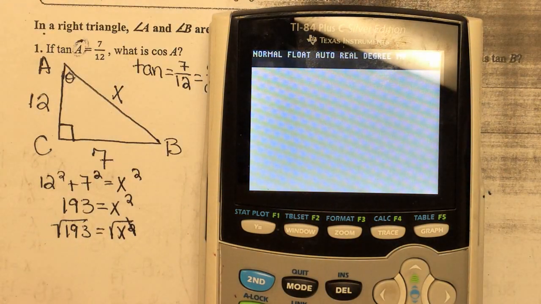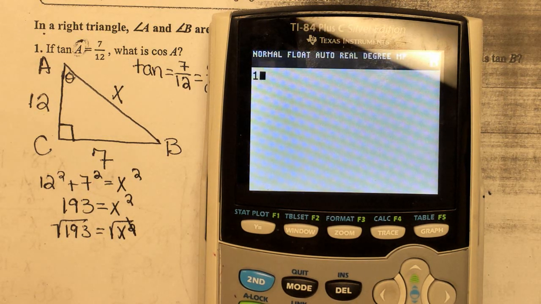What do you know about 193? It's not a perfect square, right? Okay, is there a perfect square that divides into it? We did a bell ringer for like 2 months on these, breaking these up. So what were our perfect squares? What was one of our perfect squares? Well, besides 1. 4.